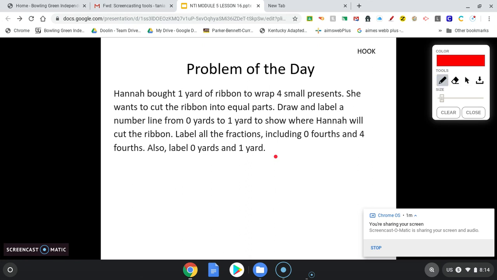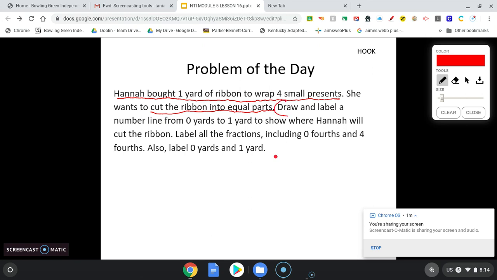So first off, what do we know? Share with a friend what you know about this problem. Yes, we know that Hannah bought 1 yard of ribbon to wrap 4 small presents. We also know that she wants to cut that ribbon into equal parts. Now, what does it tell us that we have to do?